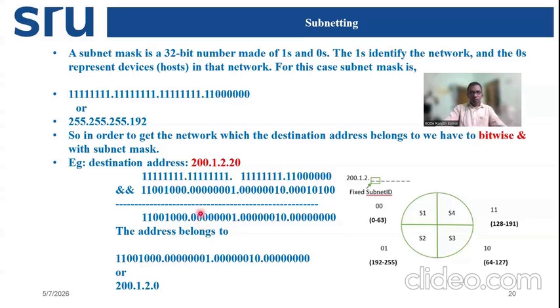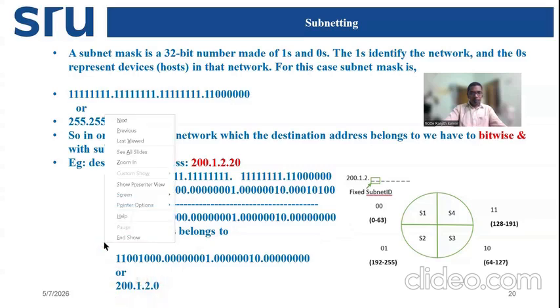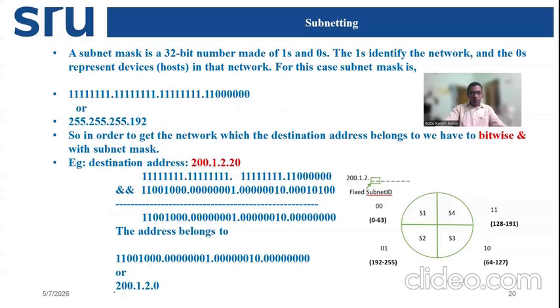Once it's converted into decimal, you get 200.1.2.0. This is the decimal value. 200.1.2 is up to the first 3 bytes. This is common because this is a class C address, so the first 3 bytes automatically represent the network address. No confusion up to here.